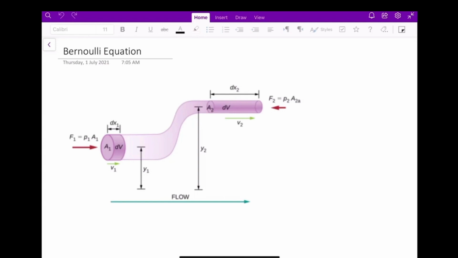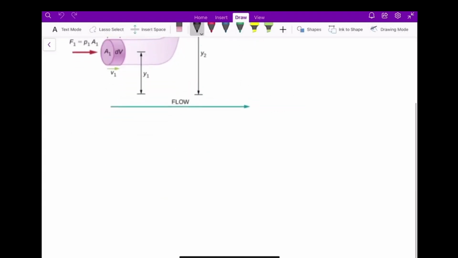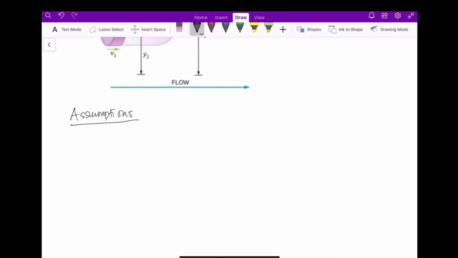Before we proceed, it is important for us to write the assumptions that we are going to use. If you are not working with these assumptions, for example, you don't have an incompressible fluid, because this will be the first main important assumption, we need to ensure the fluid is incompressible.